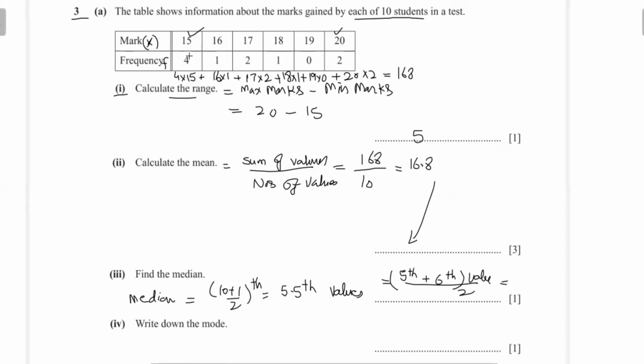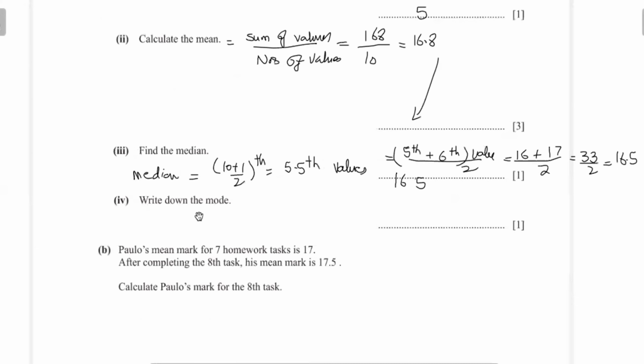You see here, the first 4 values are for 15 marks, and 16 marks is the fifth value. Therefore, we write 16. Now the sixth value lies in the 17 marks. Therefore, we write 17 divided by 2. That will be equal to 33 over 2, which is 16.5. Therefore, the median value is 16.5, and that is the answer.